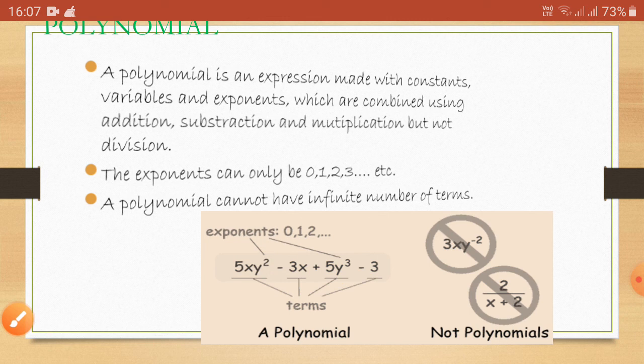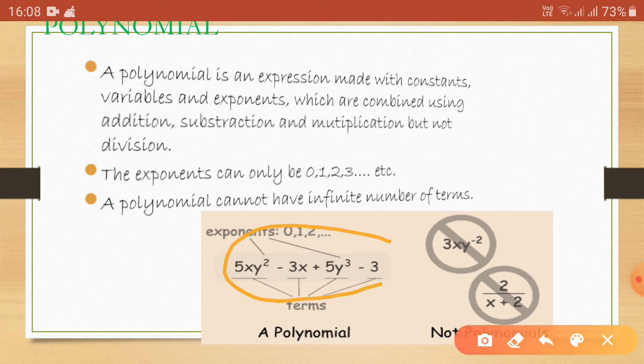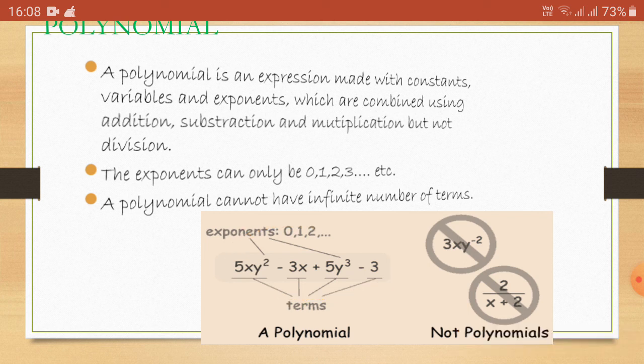So all the terms are combined using addition here and subtraction here. And exponents, you can see that exponents are there. 5xy to the power 2, here base is y and exponent is 2.